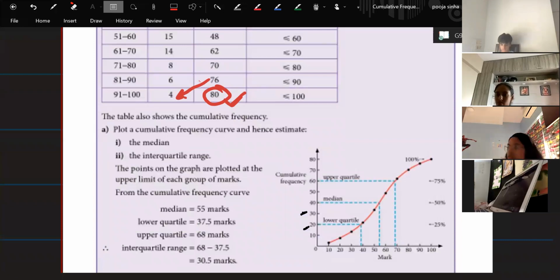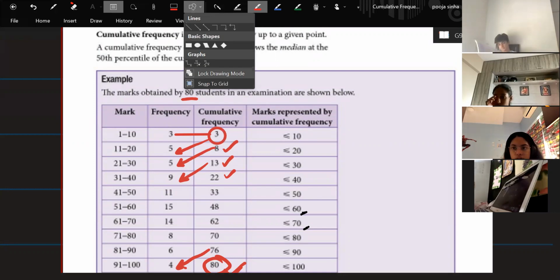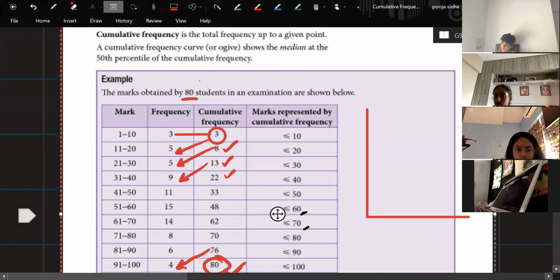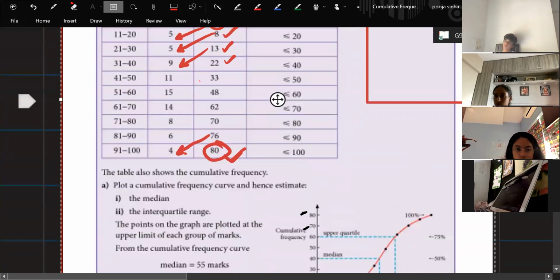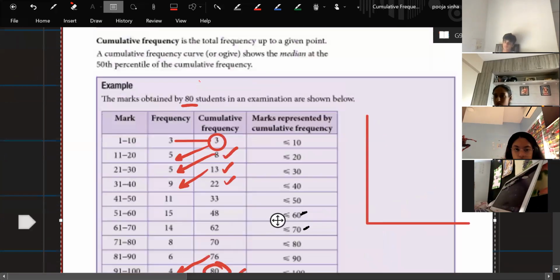Now that's very important. After that, you will have to plot a graph. In a graph, there are only 2 axes. One is x-axis, another is y-axis, right? You have to make sure that on the x-axis, it has to be the marks or weight or height, whatever is given in the question.